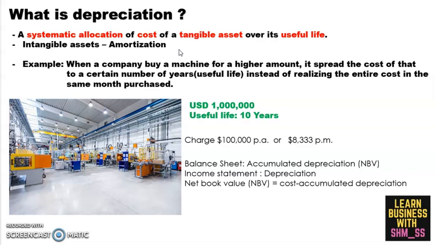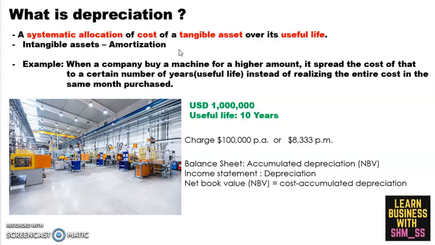Mainly there are 2 financial statements that are going to be affected by this depreciation. The first one is the income statement, and the second one is the balance sheet. Income statement will have the depreciation part, which will influence the net profit. This will ultimately reduce the net profit.